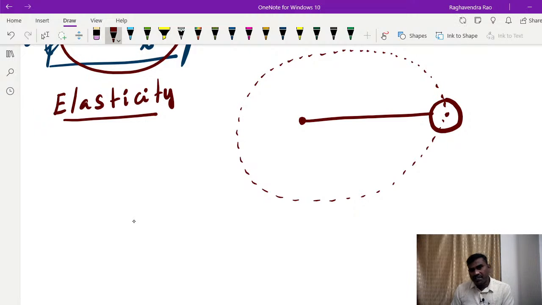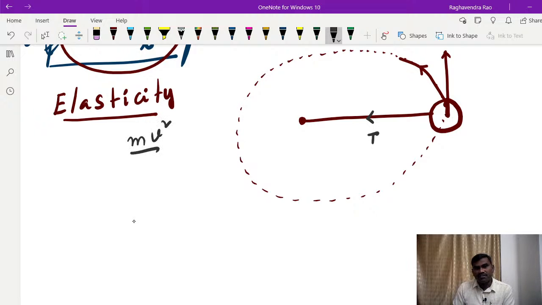When this stone is moving, it would tend to go in a straight direction, but it is not going that way, it is turning and revolving in a circular path. This means the tensional force in this string provides the necessary centripetal force to revolve the stone in a circular path. So this tensional force is equal to centripetal force. We know centripetal force is equal to mv square by r.